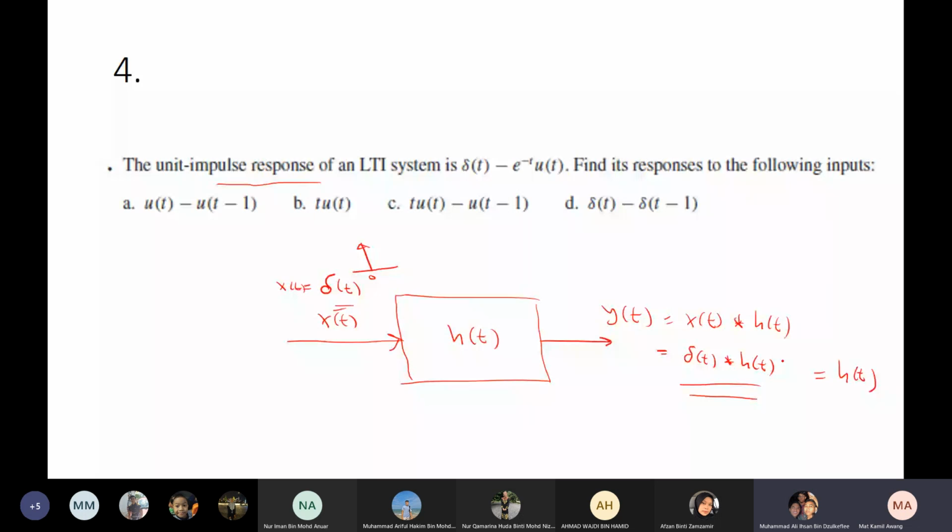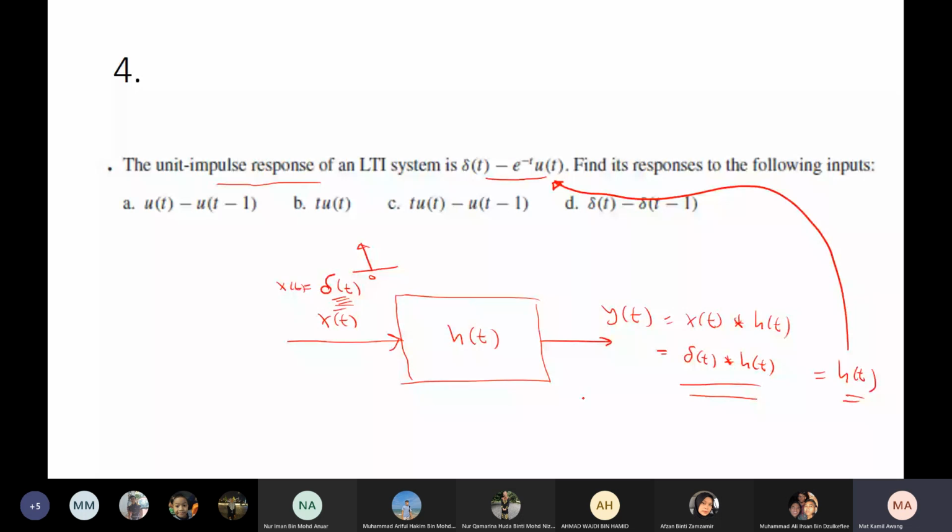This is the example, this is the h of t. But the output, it says that the output of this system gives you this when you compare with this. So therefore h of t is this. So now you know what is h of t.